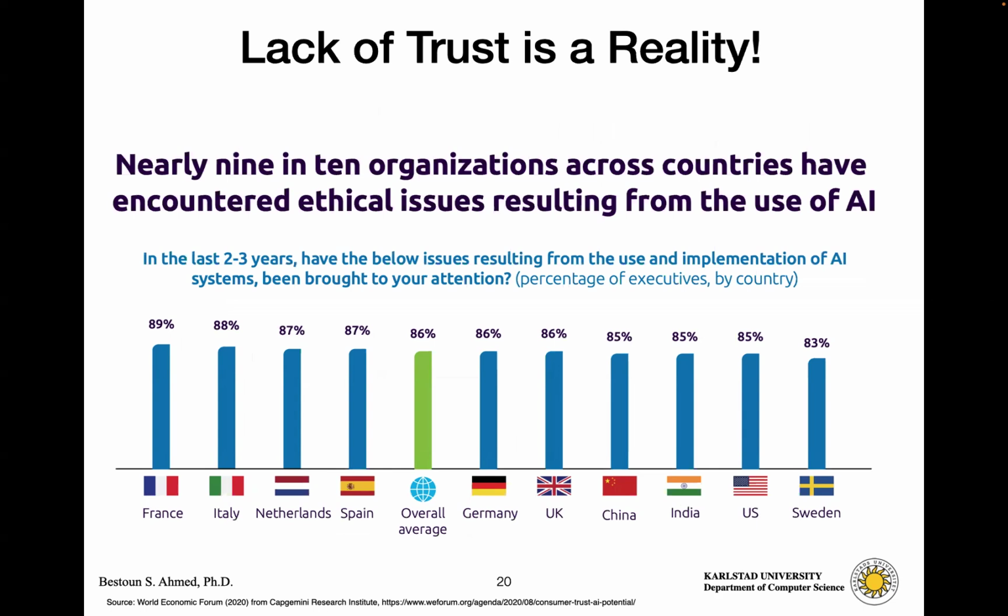Also, you can see that, for example, there are many results coming out these days, many news feeds about some results given by ChatGPT, for example, and other large language models. And you can see that a lot of people are complaining about some results, some feedback that they got. 9 of the 10 organizations across countries have encountered ethical issues resulting from the use of AI.